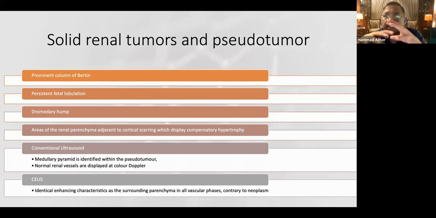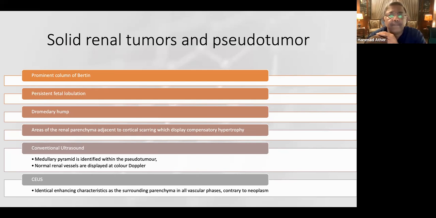All these things are benign or normal variation of anatomy. However, on imaging, they can be quite confusing.